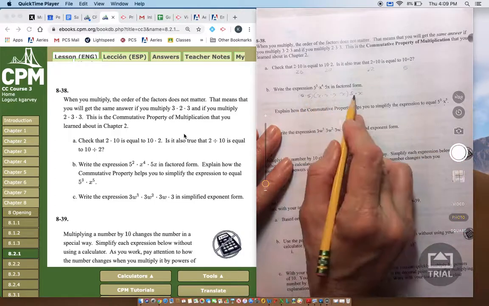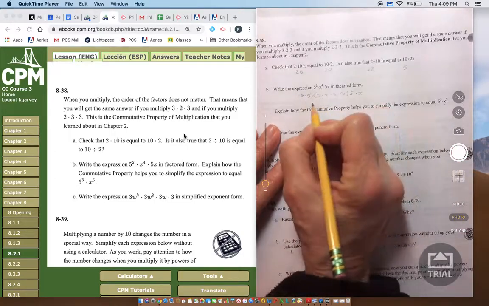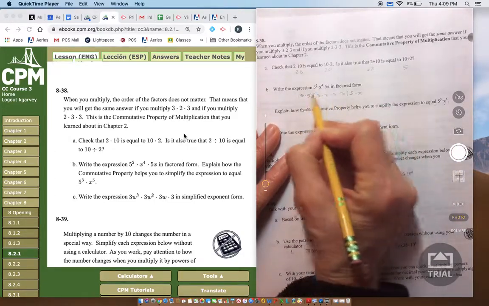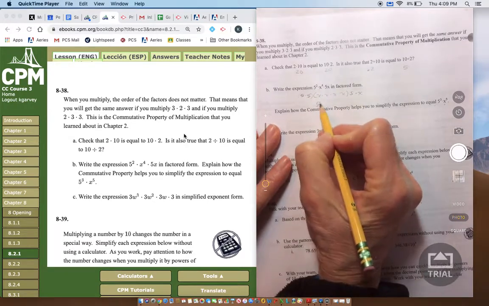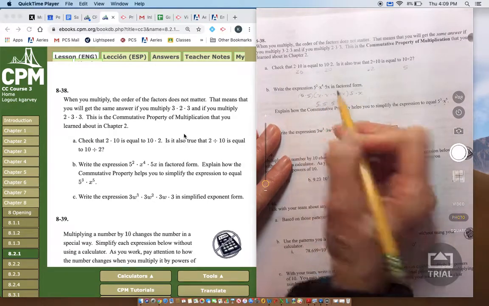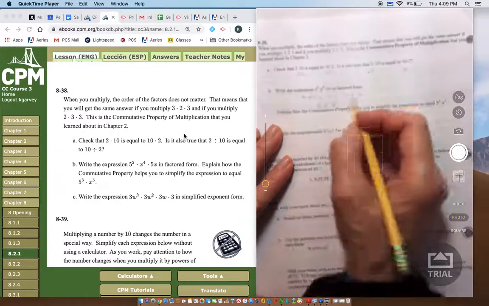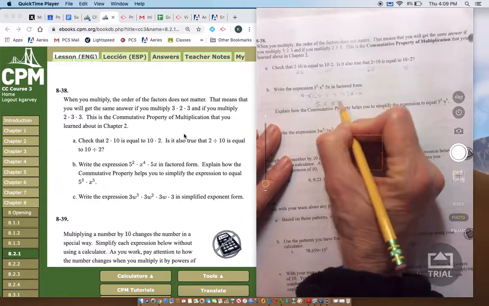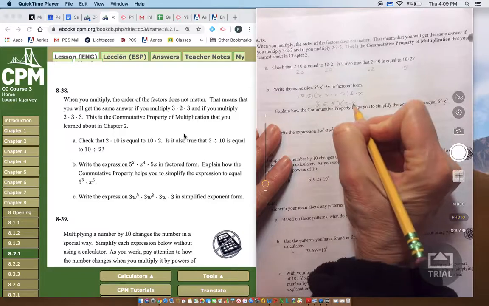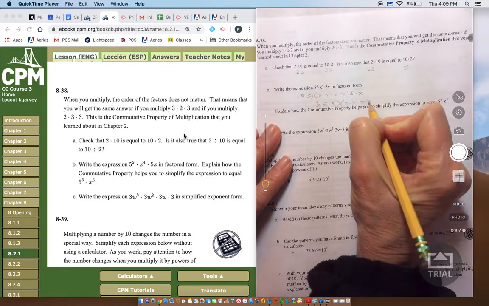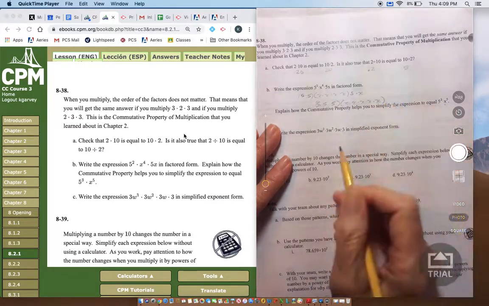Well, it's easier to count things up if they're all in the same place. So you've got 3 5s, 5 times 5 times 5, and you've got 5 x's, so x times x times x times x times x.